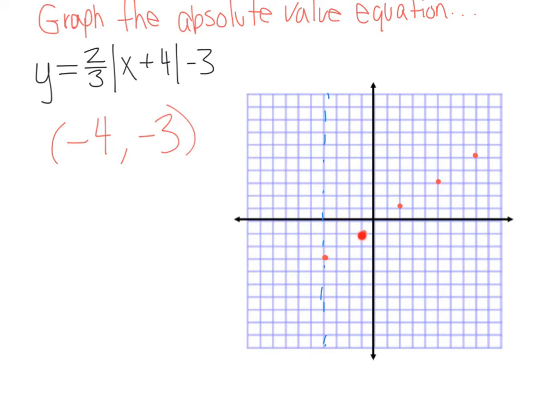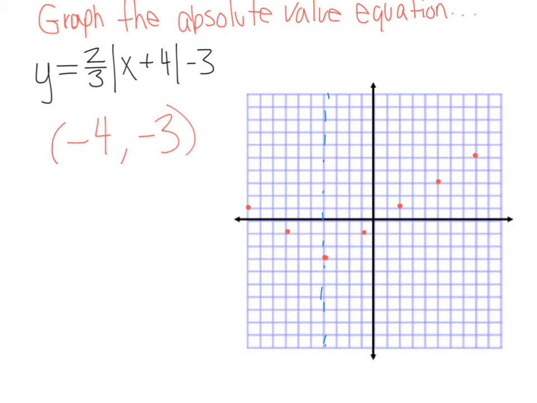For this first point, it looks like I'm 3 spaces away, so I'm going to go 3 spaces to the left, then plot that point. For the second one, if we're even able to do it, it looks like I'm 6 spaces away, so 3, 6, plot the point right there. It doesn't look like I'll be able to reflect any of the other points.